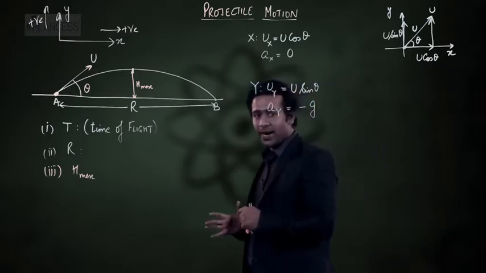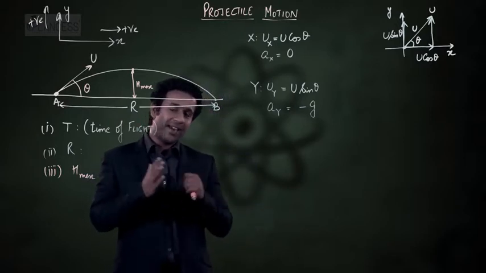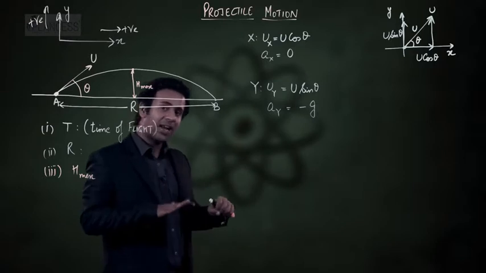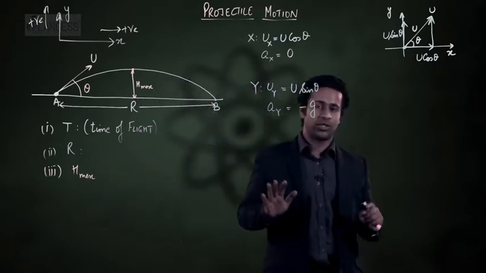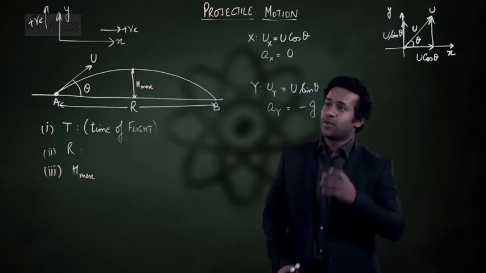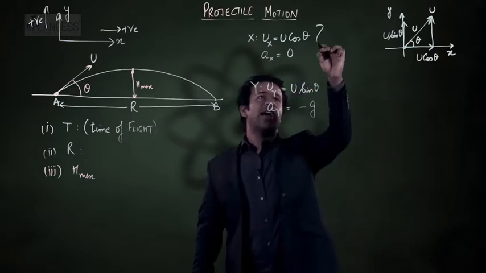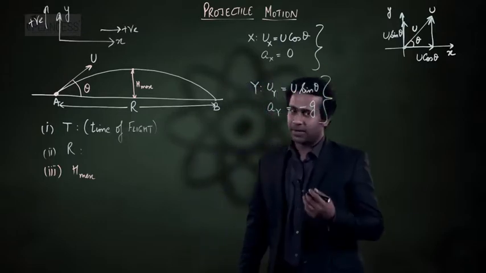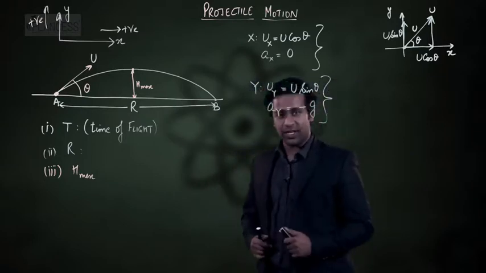And to do that, since this motion is two-dimensional, we are going to break everything down into x and y, and then analyze the entire motion as two one-dimensional motions. Right. So we have done that, and now we can think of these two as two separate, completely independent problems. Right. Because x and y are completely independent of each other.